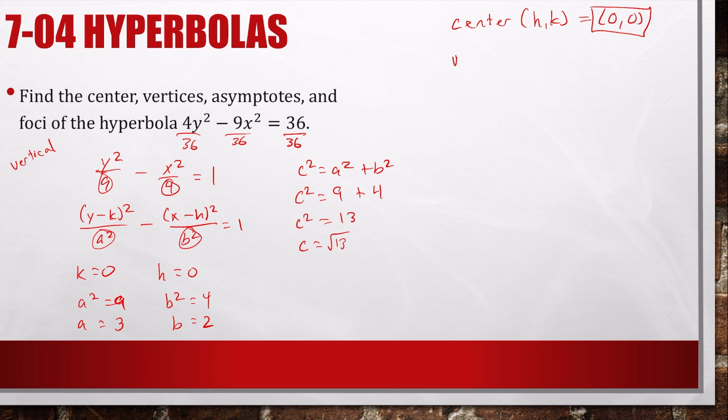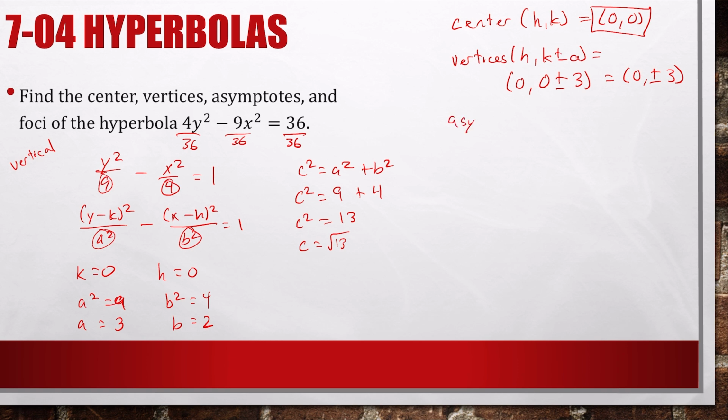And then we want the vertices. The vertices were (h, k plus and minus a). So that would be (0, 0 plus and minus 3), or (0, plus and minus 3). So that's (0, 3) and (0, negative 3).